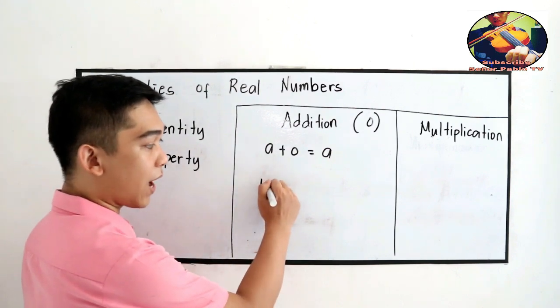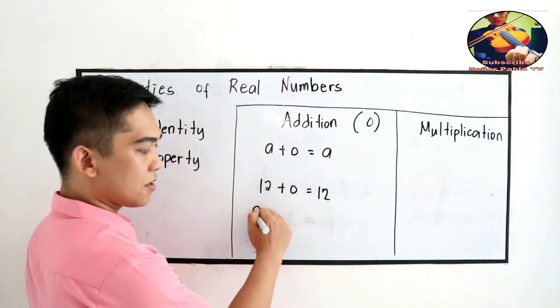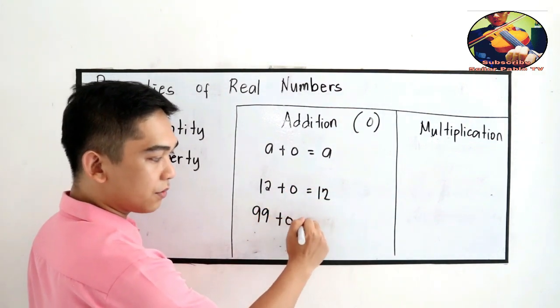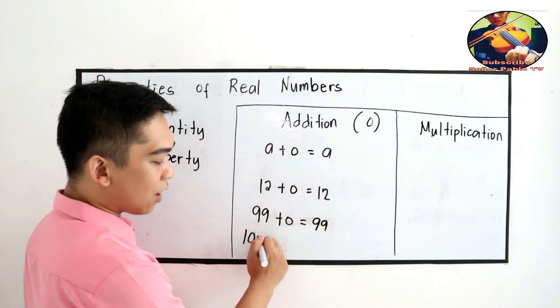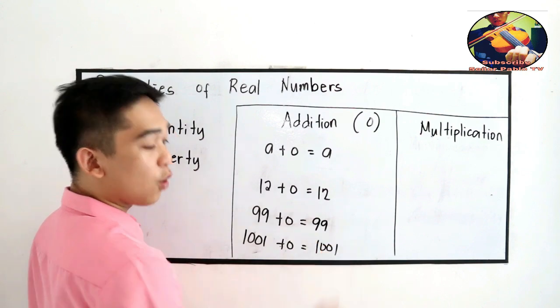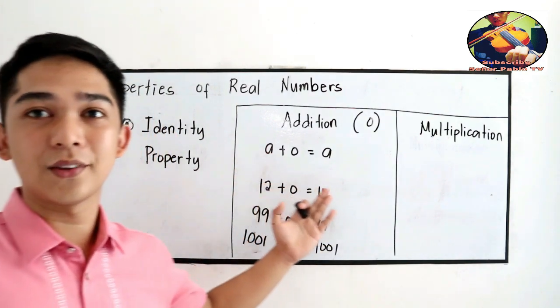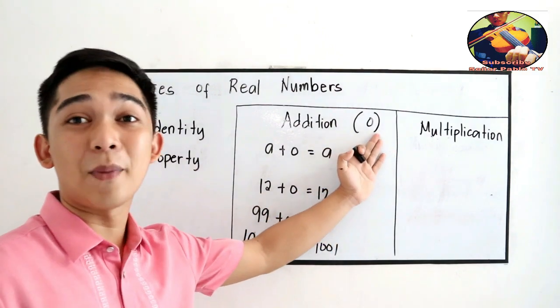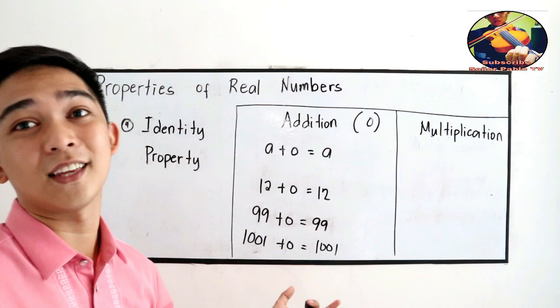So 12 plus 0 is 12. 99 plus 0 is 99. 1001 plus 0 is 1001. So that is the identity property of addition. When you add 0, that same number is the sum.